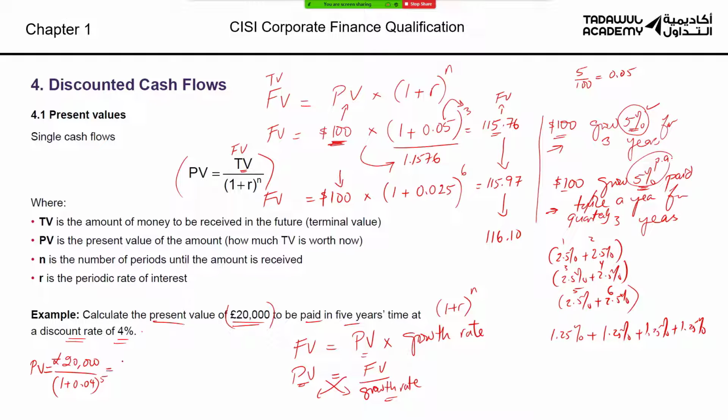This will give us 20,000 over 1.04 to the power 5, which is 1.2166. So 20,000 divided by 1.2166 tells me that the present value of that money is 16,439.